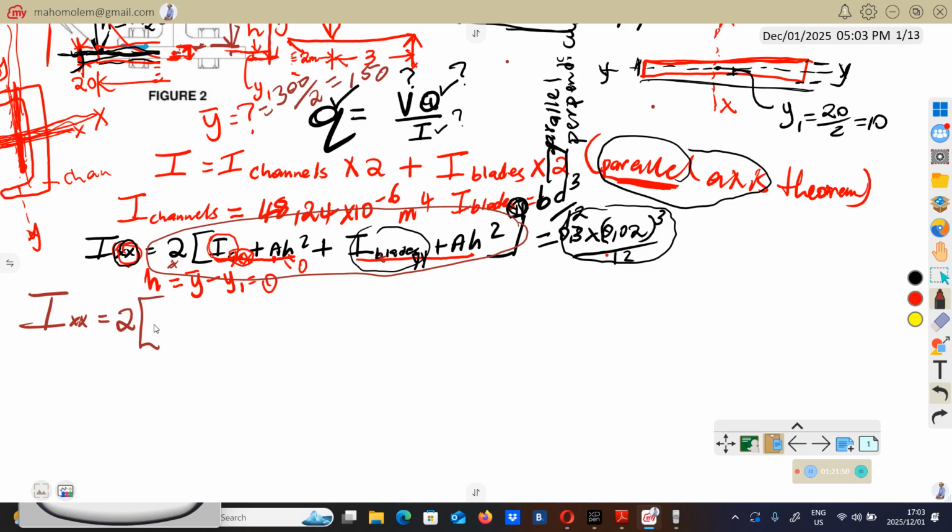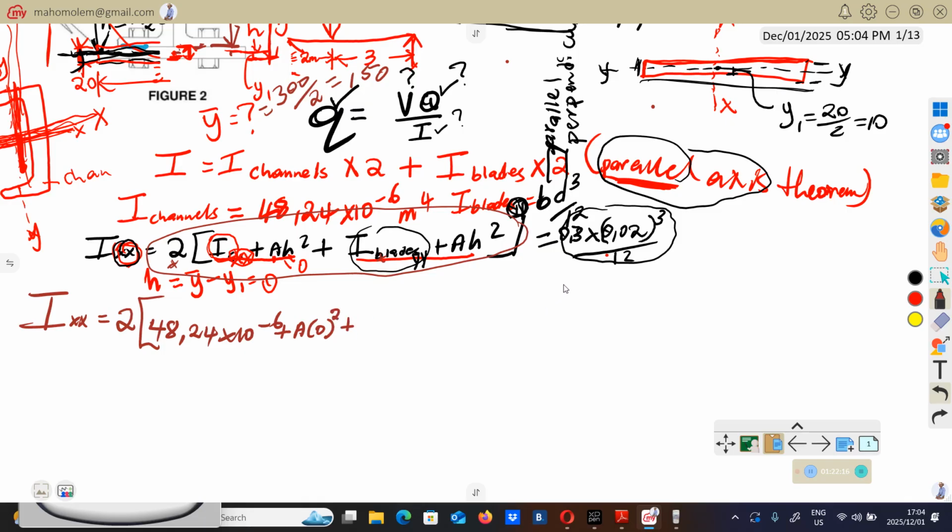We said that is 48. Plus area, you can check it from steel table. But I said H will be 0, then anything multiplied by 0 will be 0, then we can leave that part.